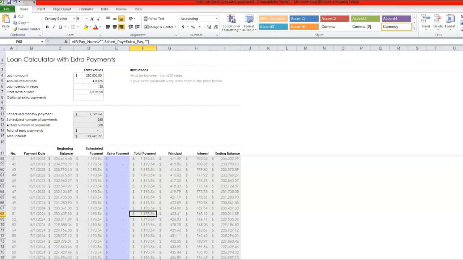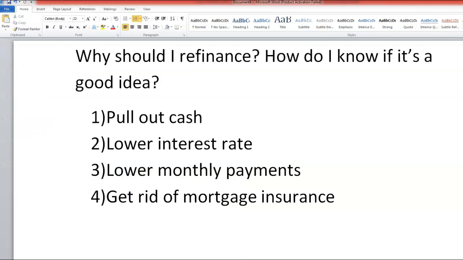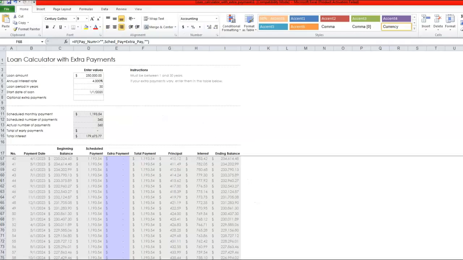And I have a few factors. Why should I refinance? How do I know if it's a good idea? There's a few different things to look at. Pulling out cash, lowering the overall interest rate, lowering monthly payments, getting rid of mortgage insurance. So we'll talk about each one of those individually.